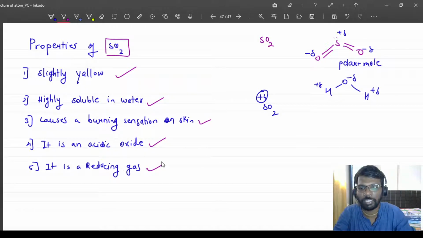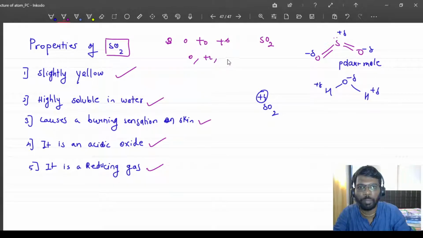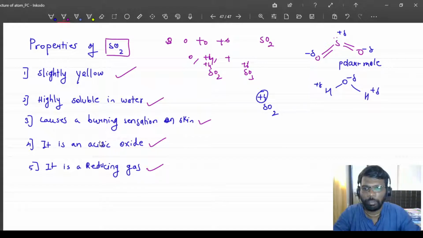It is a reducing gas means it will get oxidized itself, because the oxidation state of sulfur can vary from 0 to plus 6. Sulfur dioxide is in the plus 4 oxidation state, and sulfur trioxide is in the plus 6 oxidation state. Therefore it is a reducing gas.